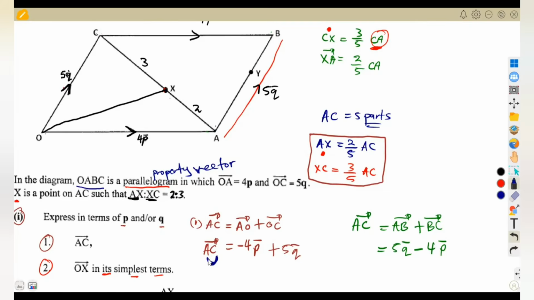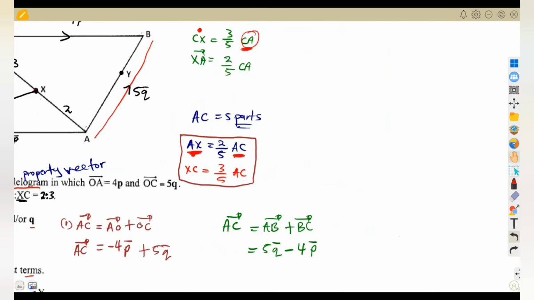Remember, I said on vectors, direction is important. So which part carries AC? That is this one. So we are going to choose the one that consists of AX, because it is the one that goes with AC. So our direction for OX, we are going to choose O to A, then A to X. All right, so let me just have it here. This is number 2.